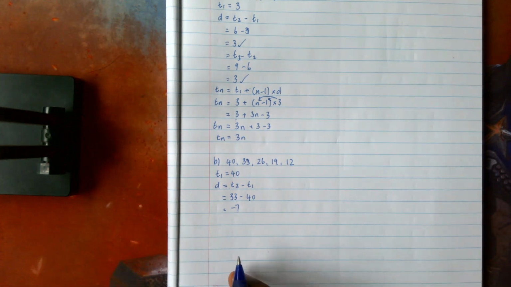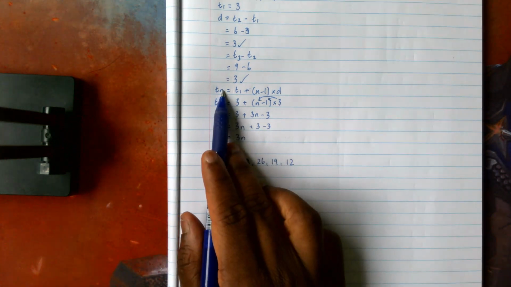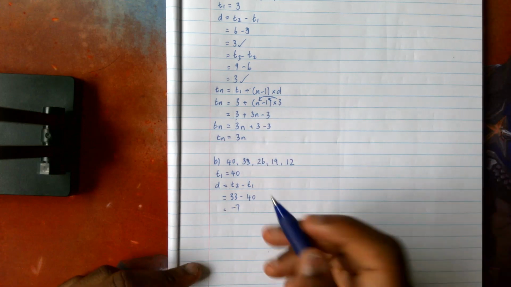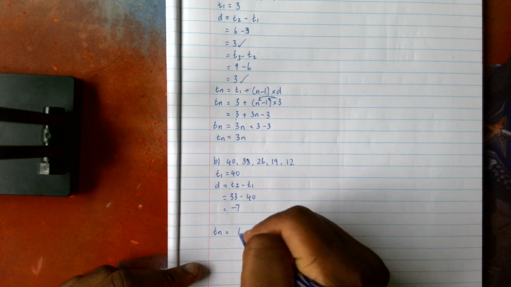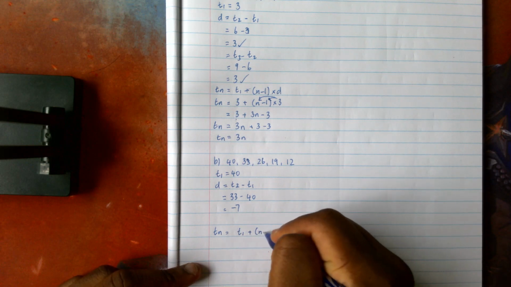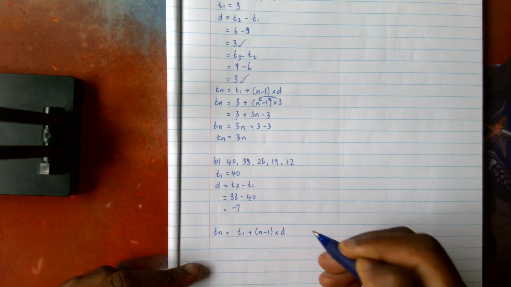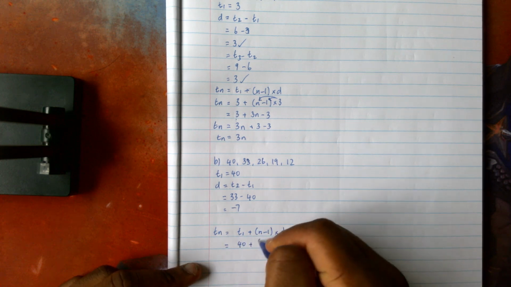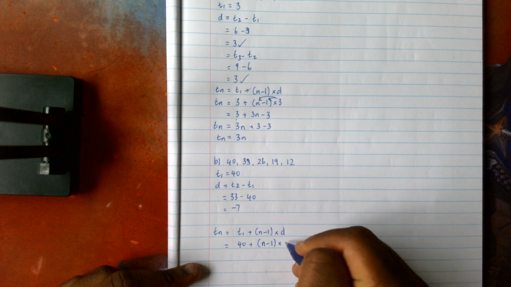So now we're going to put it into the general form for an arithmetic sequence, just like we did here, and work out our rule. So Tn equals T1 plus n take 1 times D. This means we've got 40 plus n take 1 times negative 7.